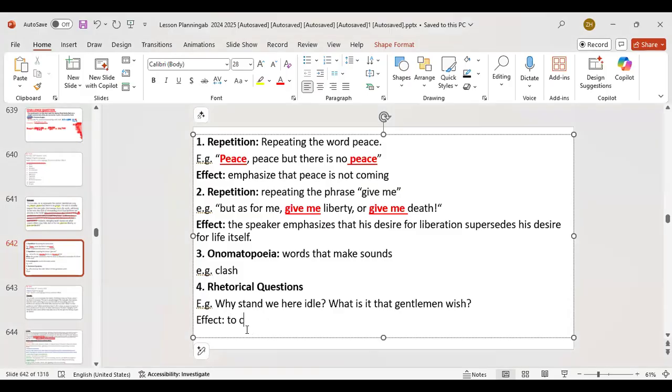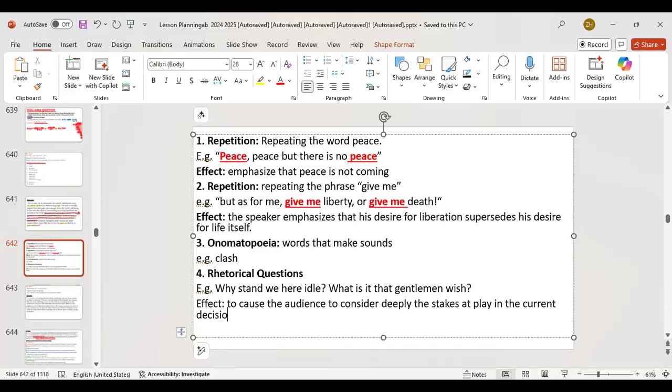So to cause the audience to consider deeply the stakes at play in the current decision, either to partake in the war or not.